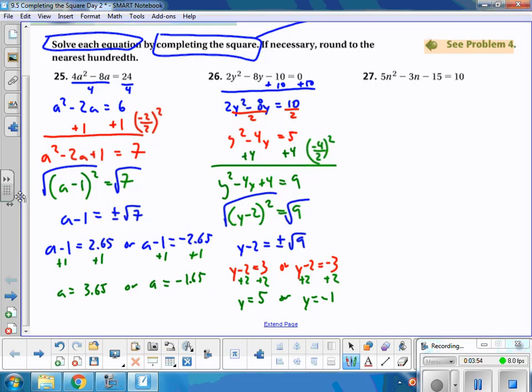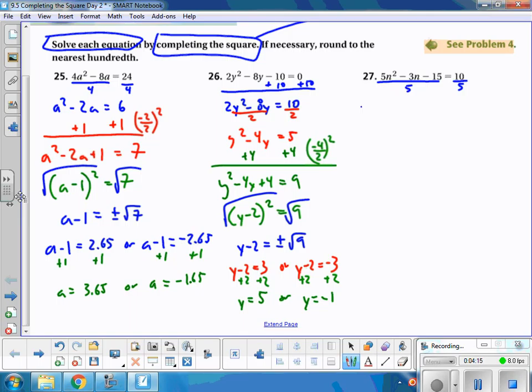All right, let's look at our next one. Number 27. Now this one took me a couple of times to solve as well, and I'll tell you where I created my errors. So for this one, I decided instead of adding 15 to both sides, I tried just dividing everything by 5 to start with. And again, you can do either way.